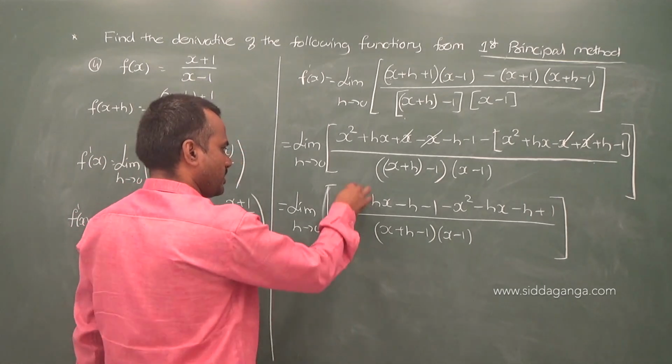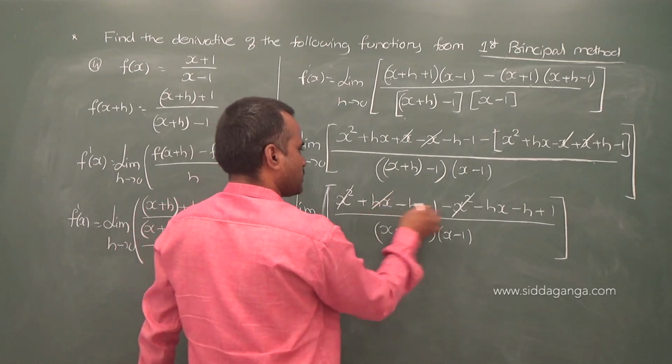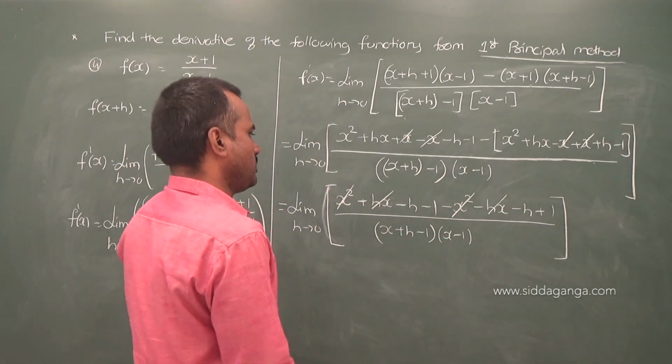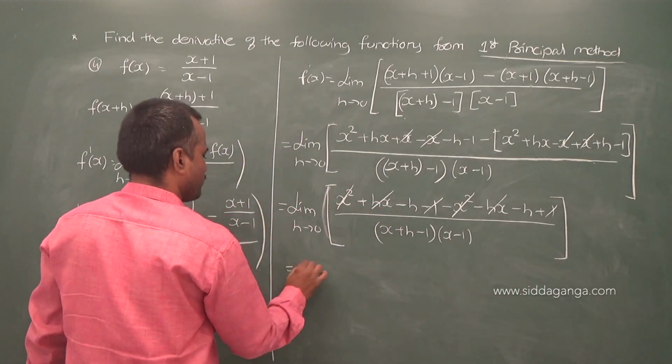What will happen? Plus x square minus x square get cancelled, plus hx minus hx get cancelled, plus 1 minus 1 get cancelled.